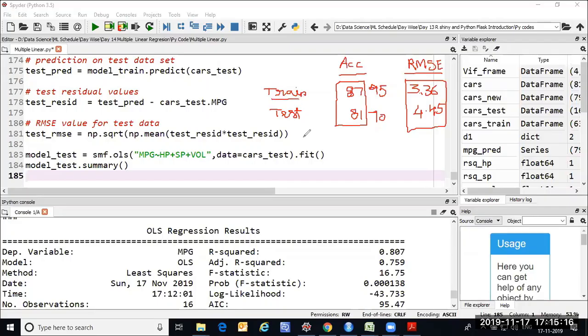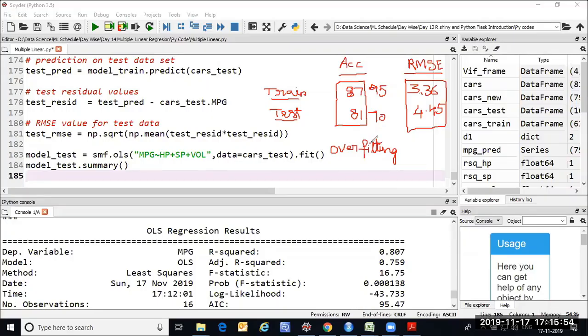But the same model, when it is exposed to the unseen data or the test data, fails to perform to the same level. And this is a problem called overfitting.